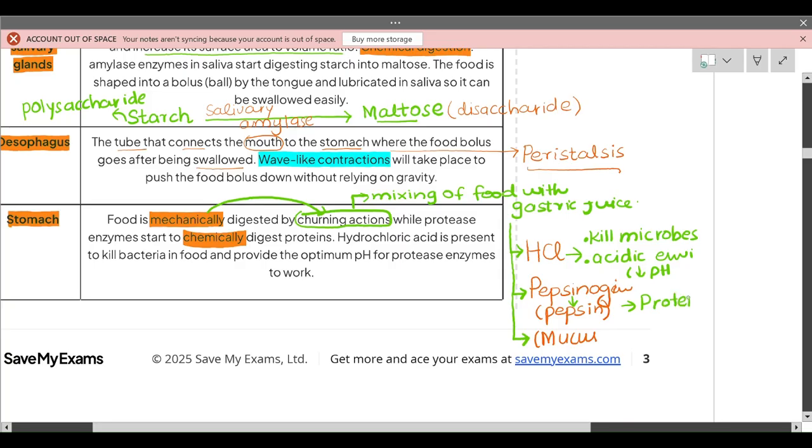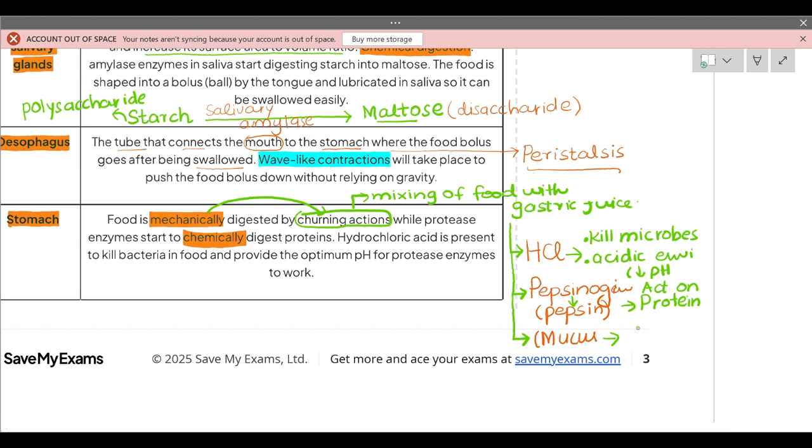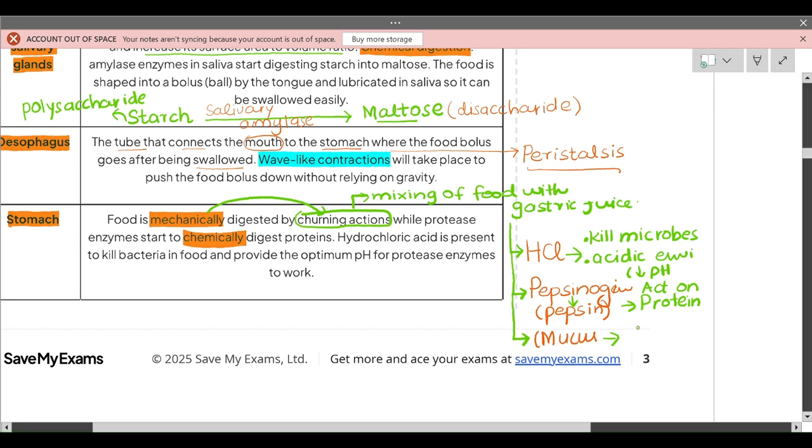And what is the function of mucus here? No, beta, mucus is not here to trap dust particles. Mucus performs that function in the respiratory system.